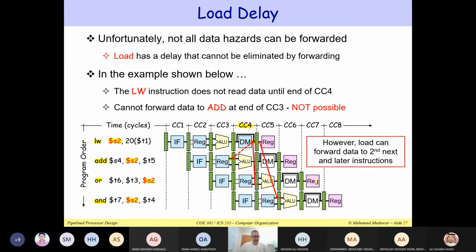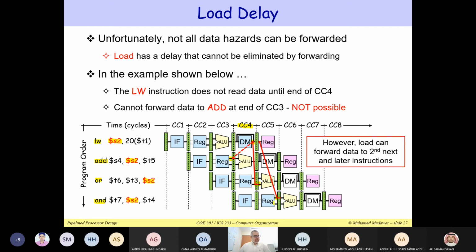Now notice that for the second next and the third next, the OR and the AND, it's okay. We can still forward. The OR wants to read S2, and the data is available at the memory stage. So for the second next and the third next, we can still forward from the output of the ALU back to the second ALU input. I can also forward from the memory stage: at clock cycle number 5, I can forward from the memory stage back to the first ALU input.